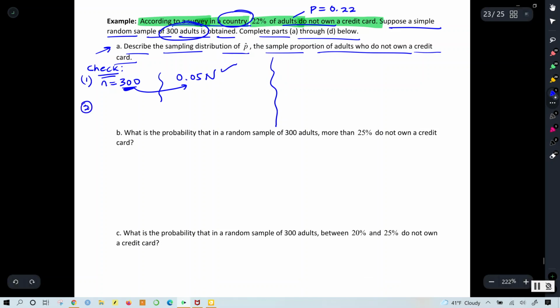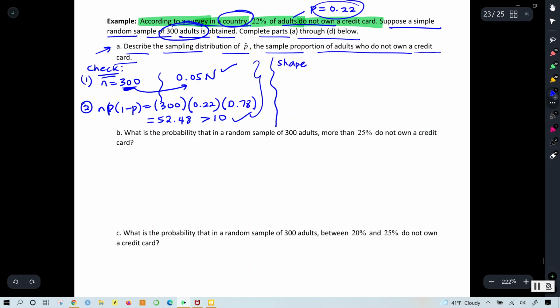Then for 2, we need to check n times p times 1 minus p. That will be n is 300, p is 0.22, 1 minus 0.22 is the same as 0.78, and that is equal to 52.48. This is also greater than 10. This is good. Both conditions are met. So for the shape, again, we can use the normal distribution. It will be approximated by the normal distribution.